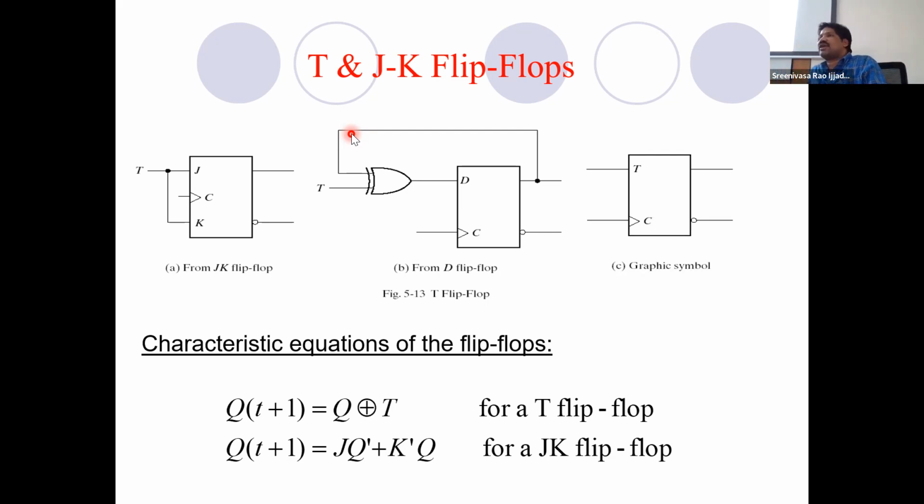You can implement T from the JK simply by tying both inputs J and K. Whenever these two are tied, T can be 0 or 1. When T is 0, both J and K are 0. When T is 1, both J and K are 1.